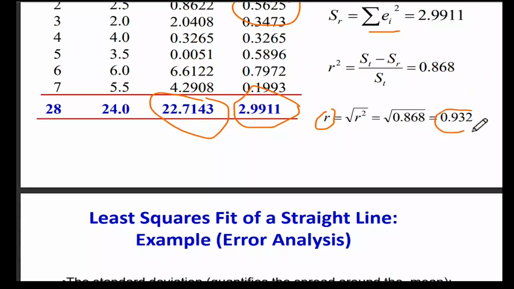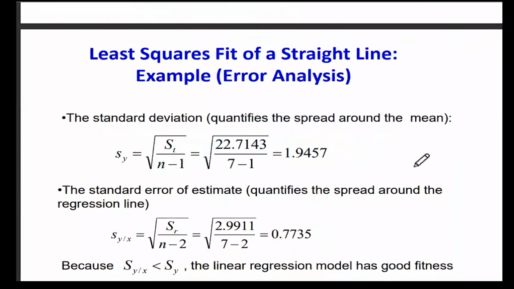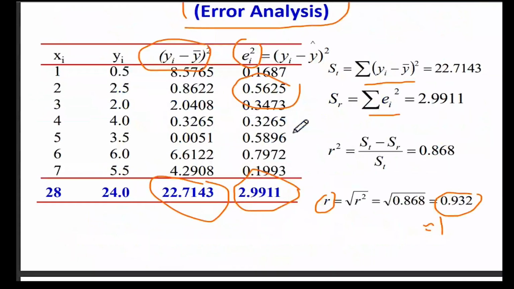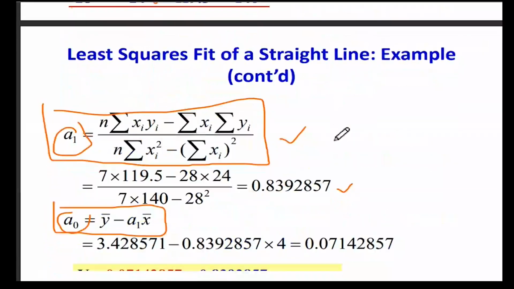So, from this value here, what we can say, daripada nilai ni apa kita boleh tahu? So, dia menghampiri close to 1. So, kita boleh katakan bahawa this equation, this straight line, yang kita dapat adalah best fit line, best fit linear regression line yang mewakili taburan data yang kita ada ini.